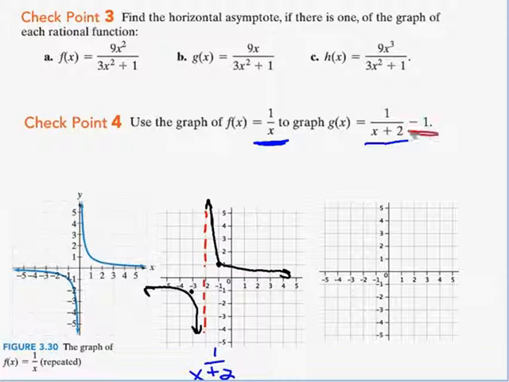Now, the minus 1 on the end has shifted that graph down 1 unit. So vertical asymptote, excuse me, still at -2. Our horizontal asymptote was the x-axis. That's now been moved down a unit. So now y equals -1 is our horizontal asymptote.